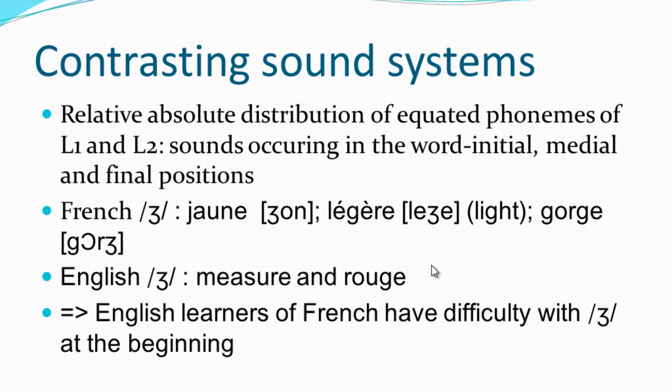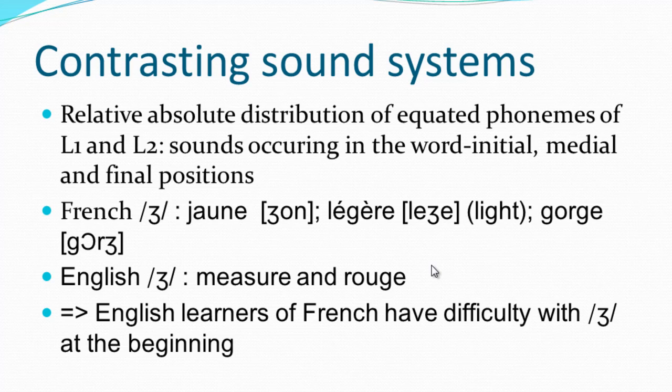So you have rouge, measure, like this. Now, from this contrast, we can come to the conclusion that because English people are only familiar with this sound at the end of the syllable, when they say this, for example, they would tend to use a sound that normally occurs at the beginning in English to relate this.